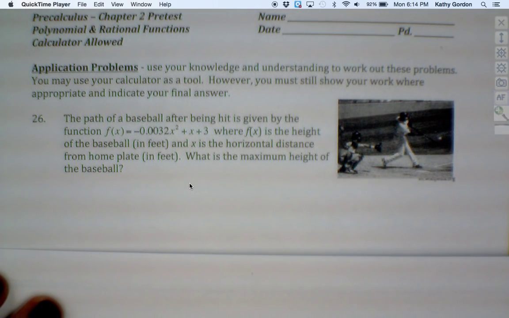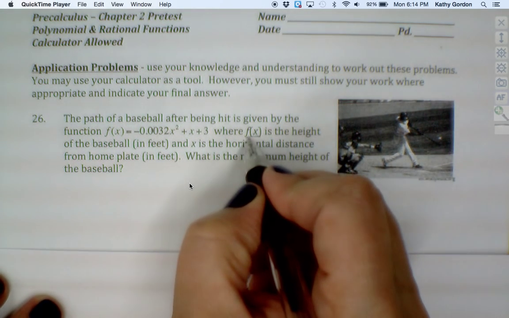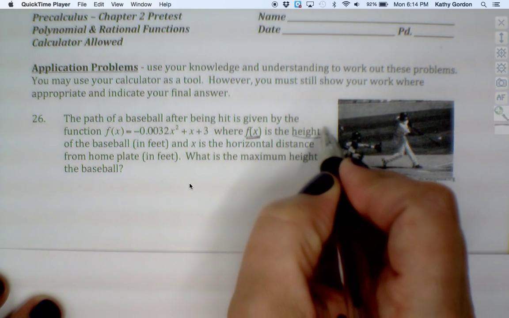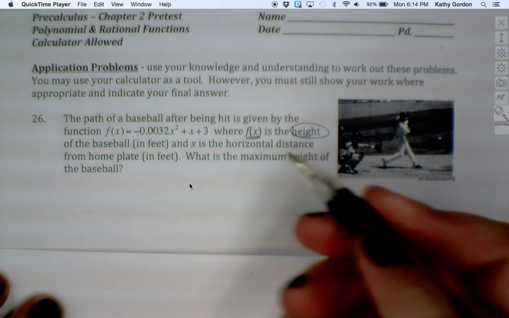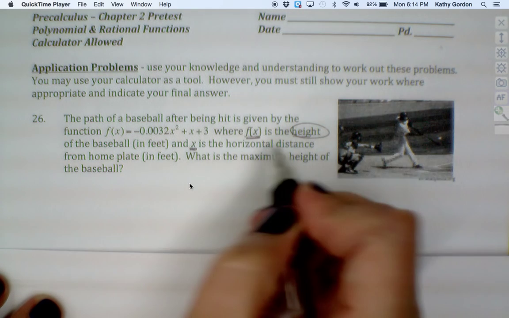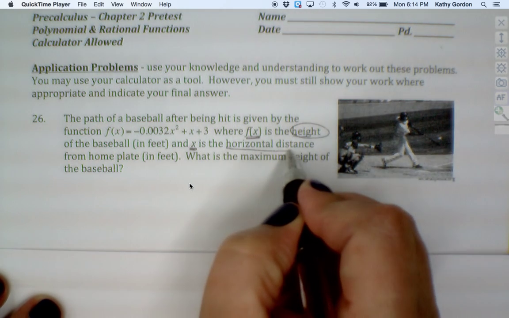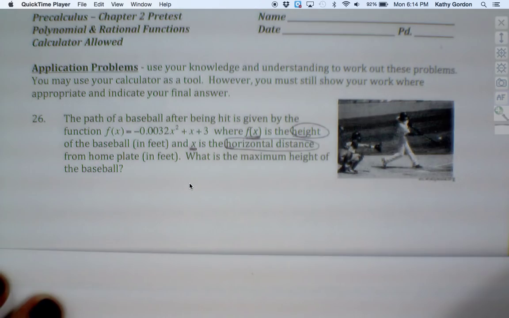Now, the first thing to do is to make sure we understand what is being represented by what. So we've got f of x here representing the height, and we've got x here, which represents the horizontal distance, how far away from home plate you are.